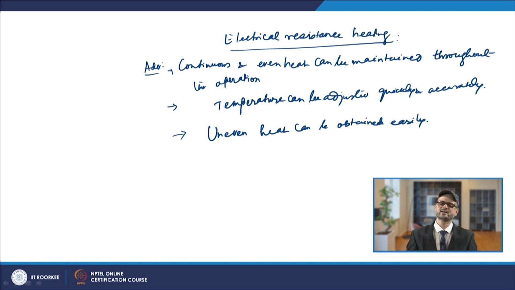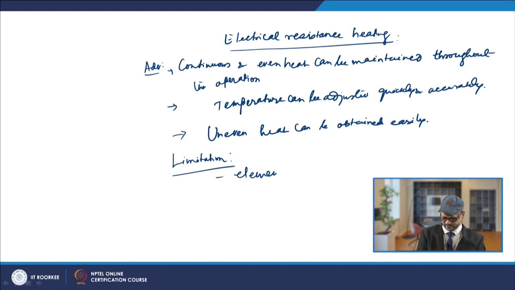However, this electrical resistance heating method also has certain limitations, and the limitation is that there may be element burnout. While working, there may be element burnout during the preheating.